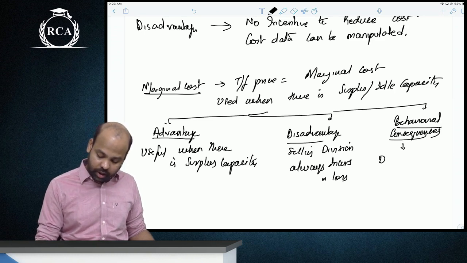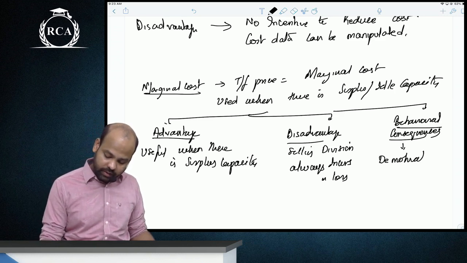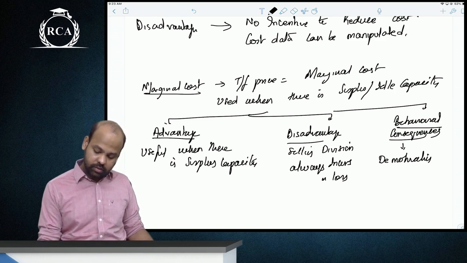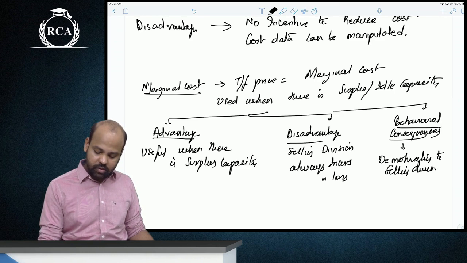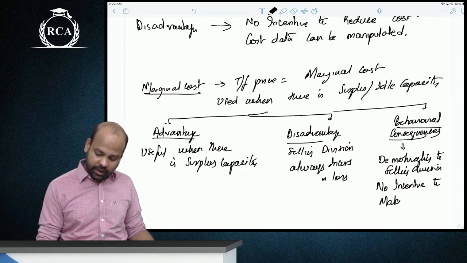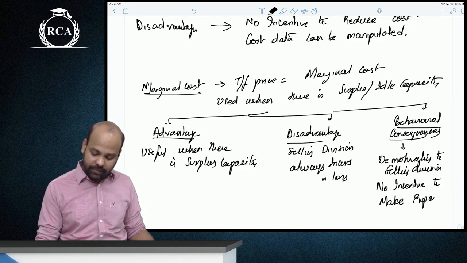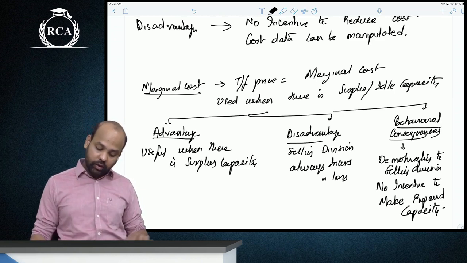Basically demotivating the selling division, beta. No incentive to make investments. No incentive to expand capacity. Why will they want to expand capacity? Because they will only incur more losses.